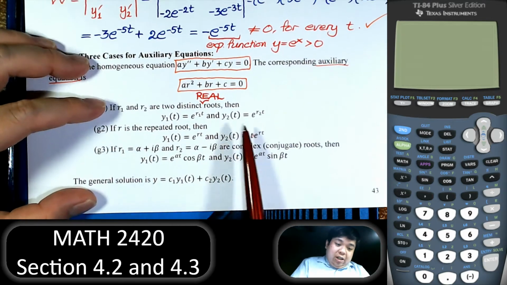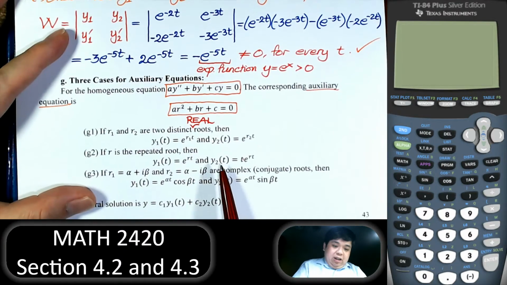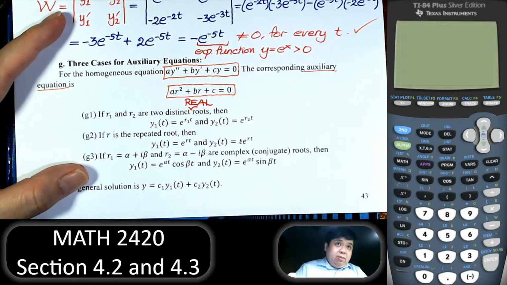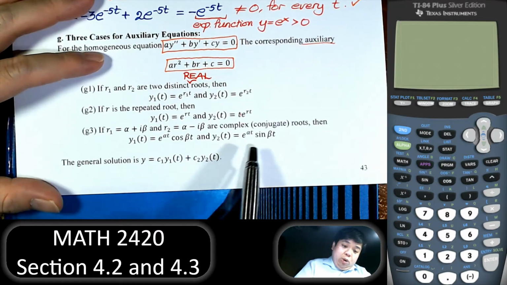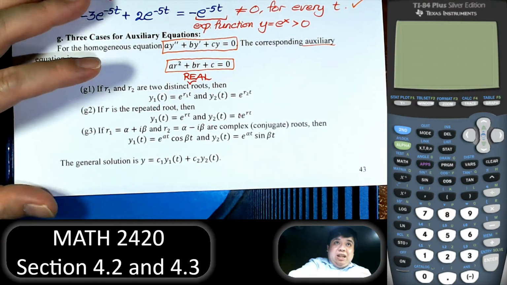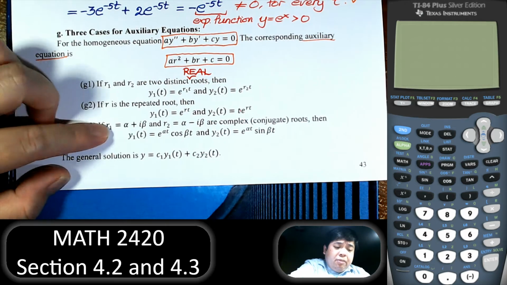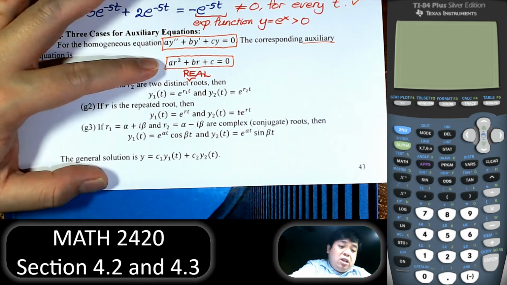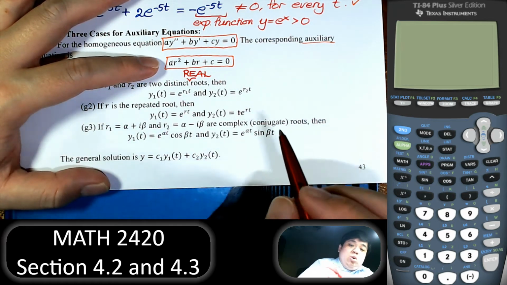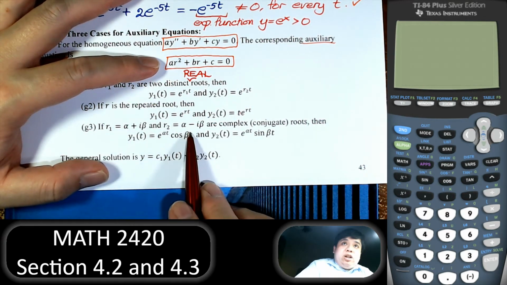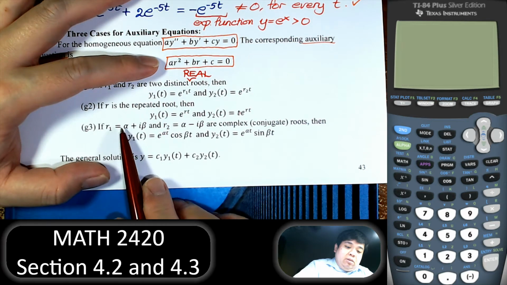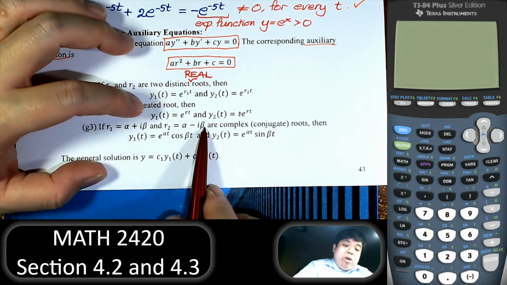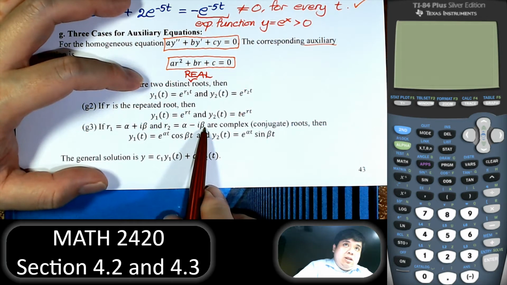We did show in one of the examples here that these two are linearly independent. These two we just showed are linearly independent, and later on we will show that these two are linearly independent as well. So if we have the complex conjugate solutions, because this is a quadratic equation, if the solutions are complex, they are conjugate to each other, meaning the real parts are the same and the imaginary parts are opposite.